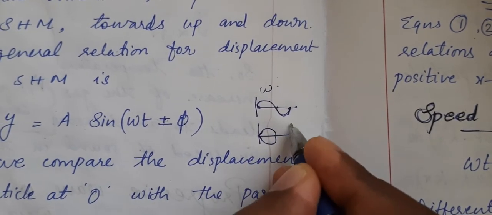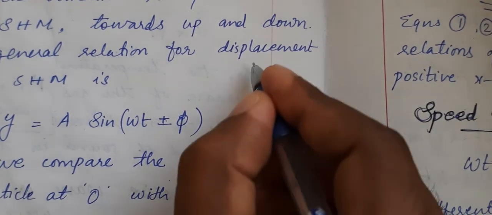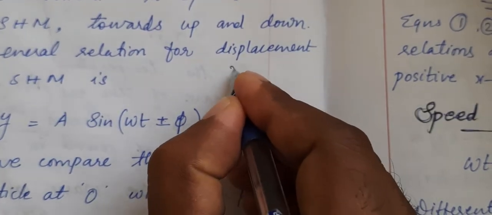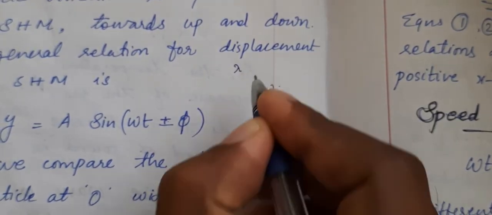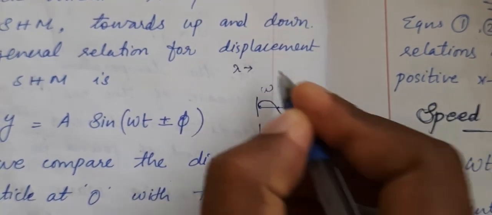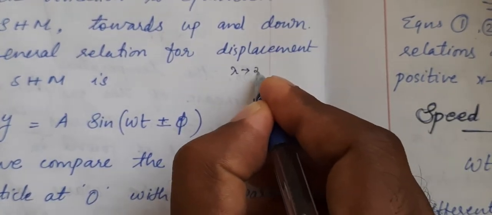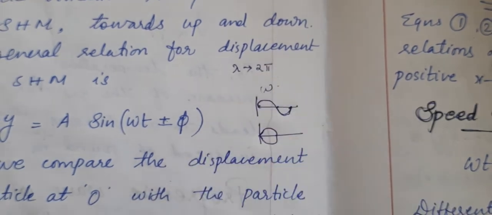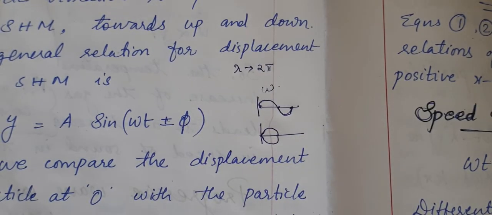That means a full wave is shown by a wavelength. One full wave, its length is equivalent to an angle of 360 degrees or 2 pi.